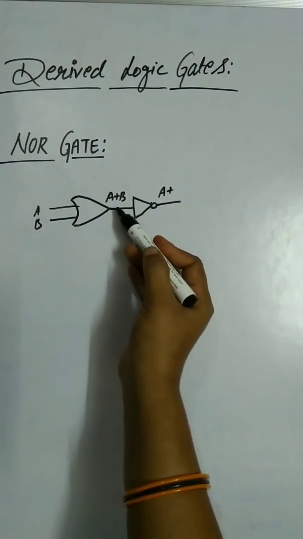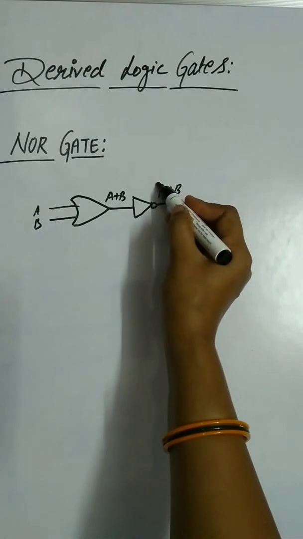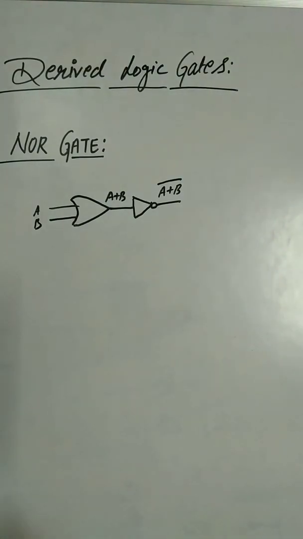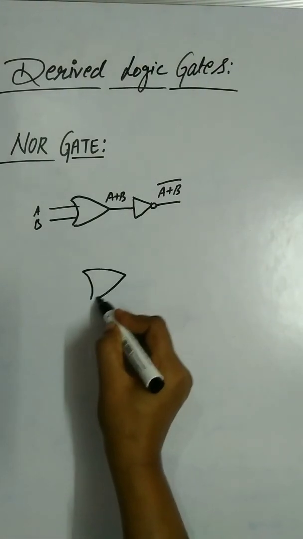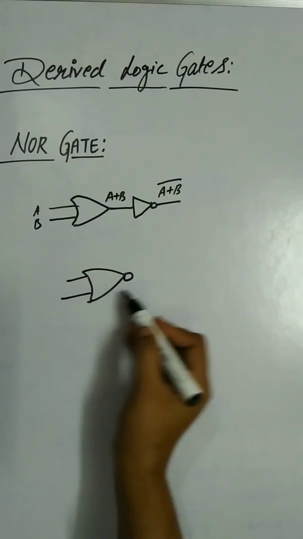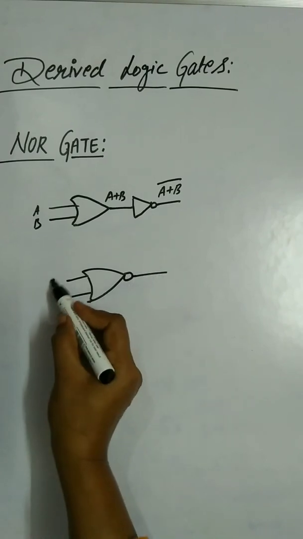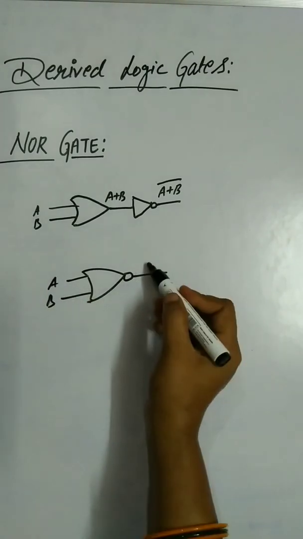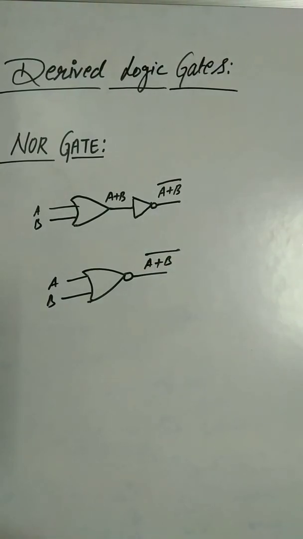So here input is A plus B, so it will produce A plus B whole bar. Okay, it's a NOR gate symbol, or you can draw it like this. This sign represents a NOT sign. So when we pass the A and B values, it will produce A plus B whole bar.